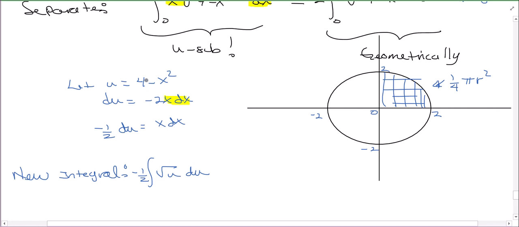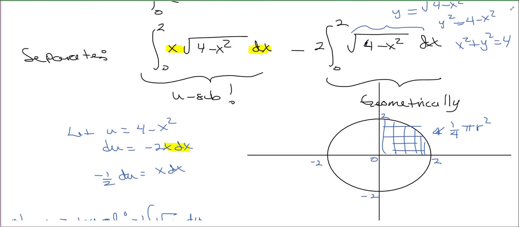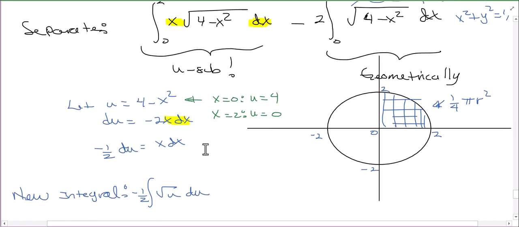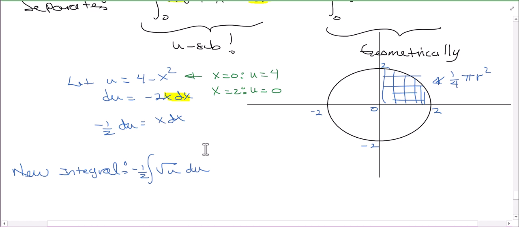Using this substitution, when x is 0, the bottom limit, what's u? u is 4. And the top limit, when x is 2, what's u? 4 minus 2 squared, so 4 minus 4, which is 0. The bottom limit goes with the bottom limit, the top limit goes with the top limit, so it will be from 4 to 0.